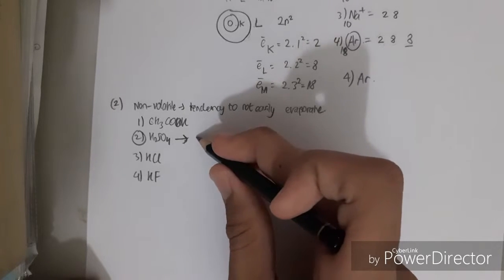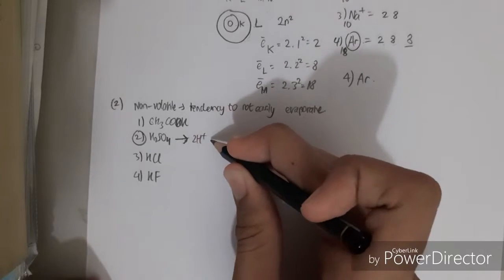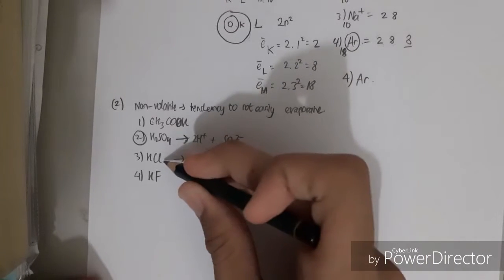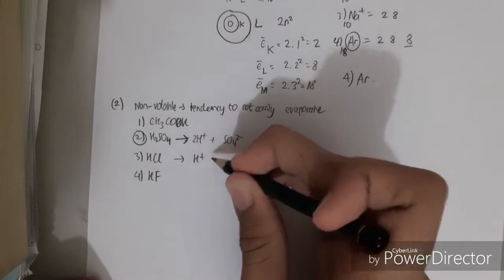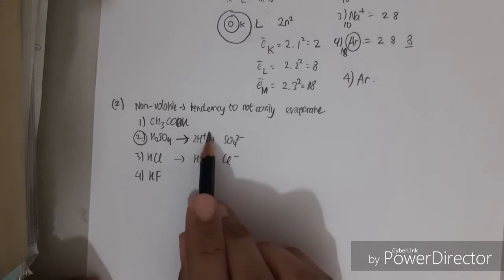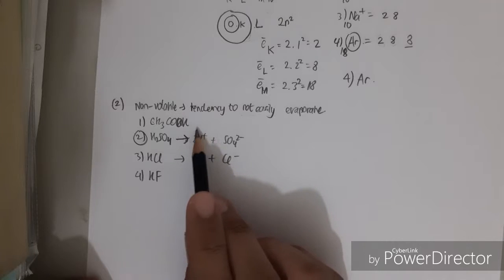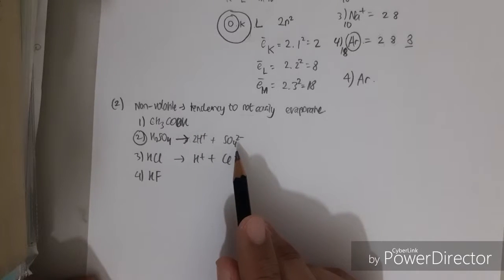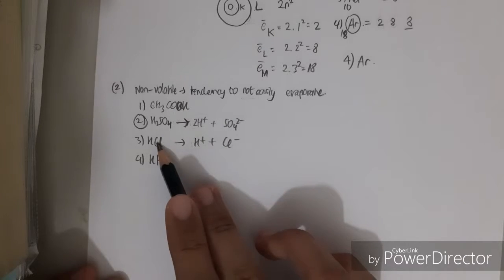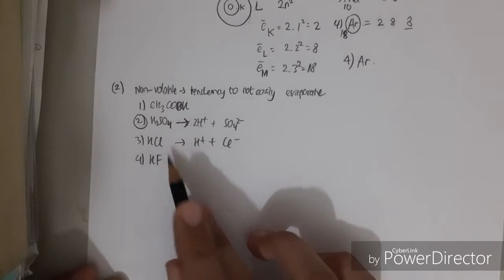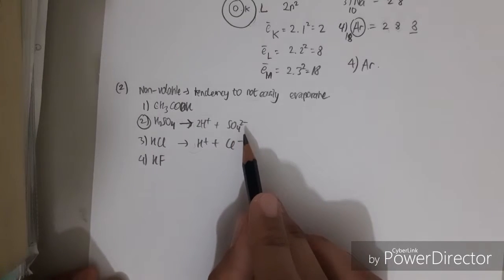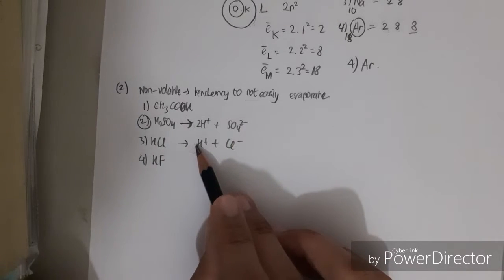Because if we make it into ions, it results in 2H plus and the sulfate ion. We separate hydrochloric acid into ions, and it becomes H plus and Cl minus ion. You can see that the H plus ion, the one that makes it acidic, is more numerous in hydrogen sulfate. So hydrogen sulfate is a stronger acid than hydrochloric acid.